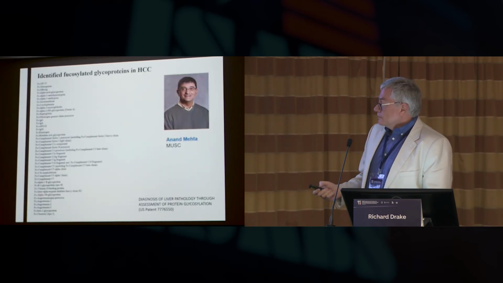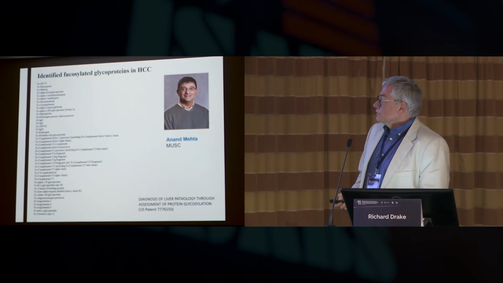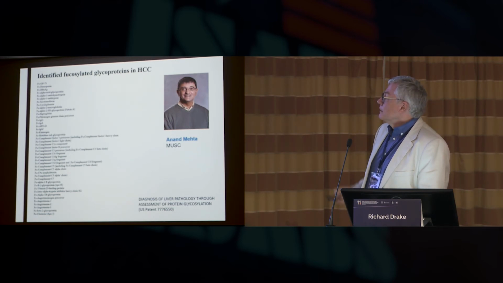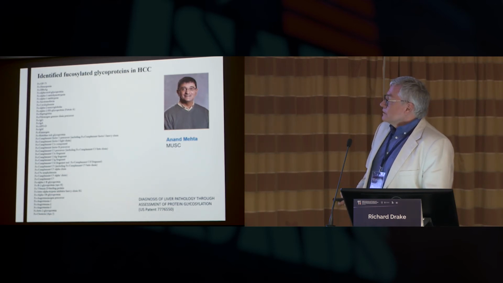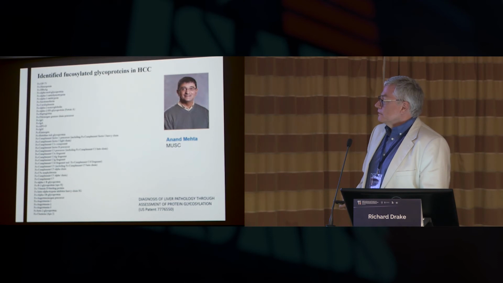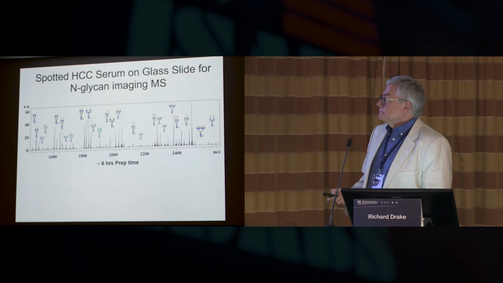There's a throughput component there that we're still working on also, but it doesn't take that long. Really, the biggest time is the incubation on the slide. We're going after a lot of targets this way because Anand patented a long time ago fucosylated glycoproteins in liver cancer. So we're looking at a lot of different commercial possibilities with this.